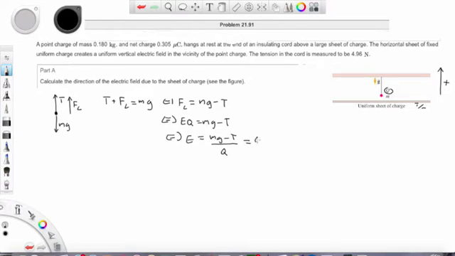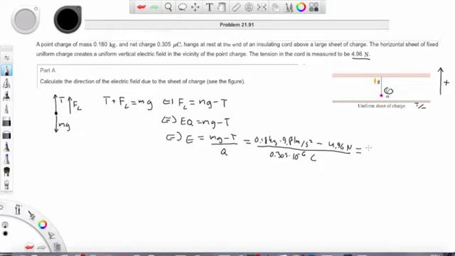The mass is 0.18 kilograms, g is 9.81 meters per second squared. The tension force was known to be 4.96 newtons. And the charge is 0.305 times 10 to the minus 6 coulombs.